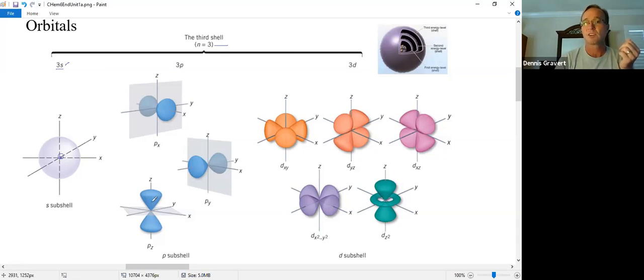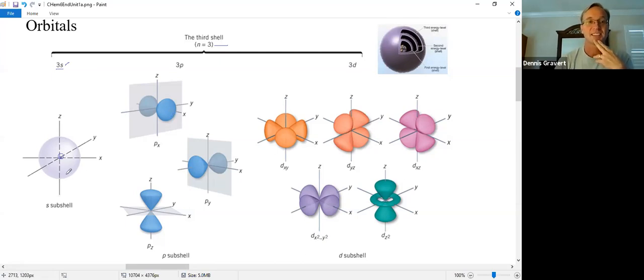And then there's also an up-down figure 8 pattern. That's a p subshell too. The orientation differs. So it turns out within the 3rd shell, there are p subshells, and there are 3 of them. Along the x, along the y, along the z, the up down, the in out, the left right, subshells are p.